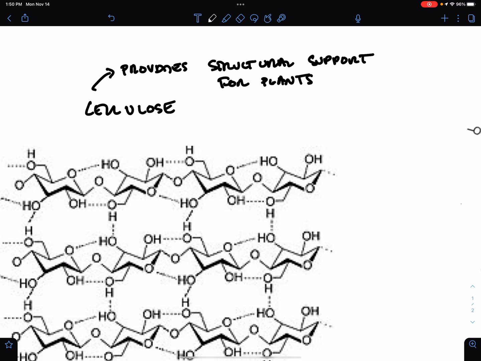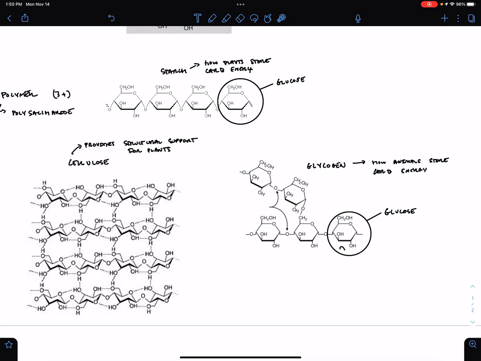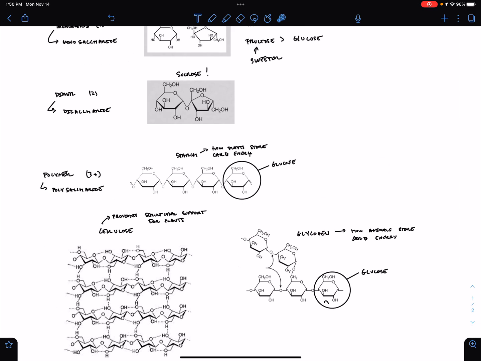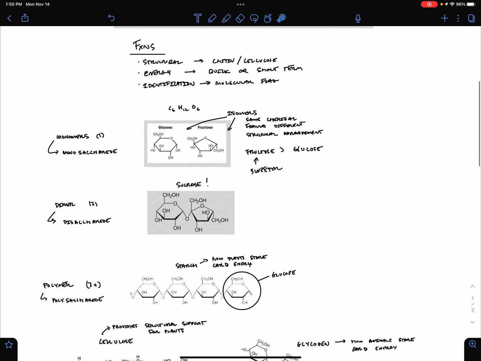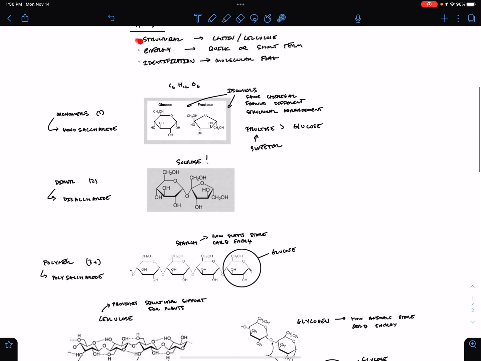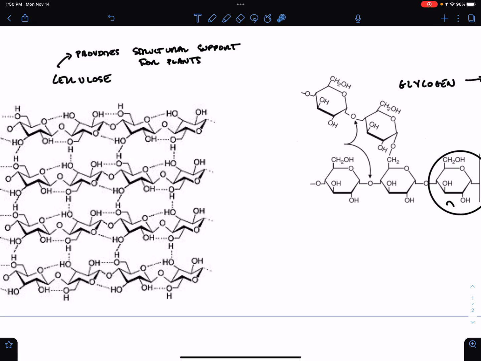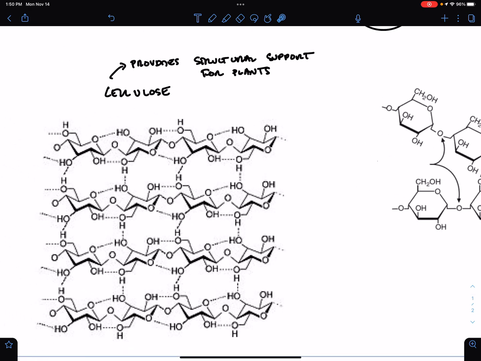So, unlike starch and glycogen, which were performing the function of short-term or quick energy storage, cellulose is providing structural support, so it has a different function. It's actually the most abundant polysaccharide on Earth, and it is also indigestible to animals.